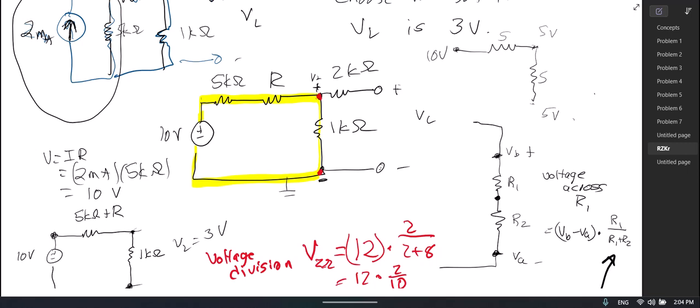So to get 3 volts here, I would need to have less resistance on this side than I've got. This resistance is too small to get 3 volts. That's why it's ending up that R would have to be negative. But the whole process works fine.